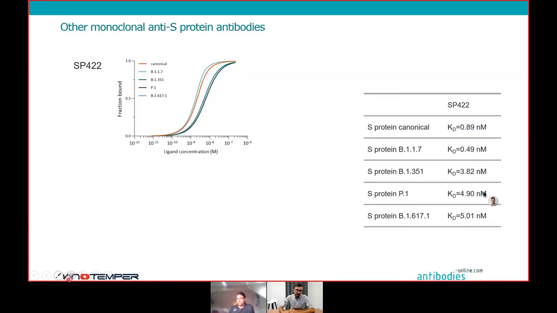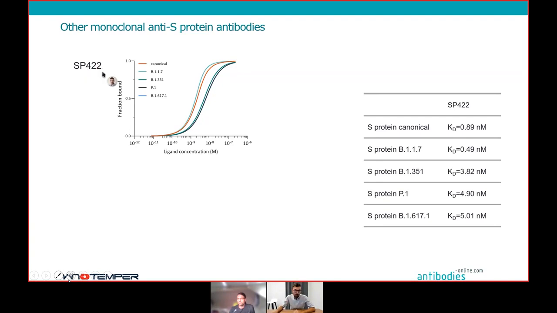Seeing these differences with the CR3022, we were very curious to see if other antibodies are also affected by the variants. Therefore, we tested two more antibodies that were specifically raised against the SARS-CoV-2 S protein, the S1 subunit. They were supposed to bind even stronger, and we could confirm this.